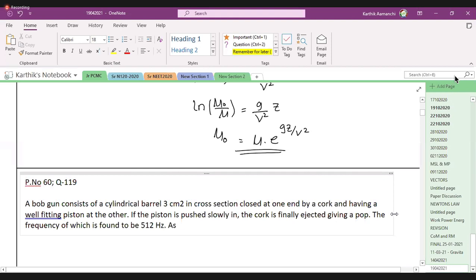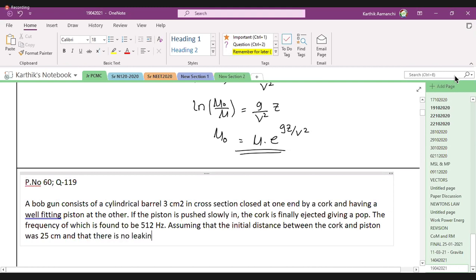Assuming that the initial distance between the cork and the piston was 20 meters, and that there is no leaking of air, calculate the force required to eject the cork.